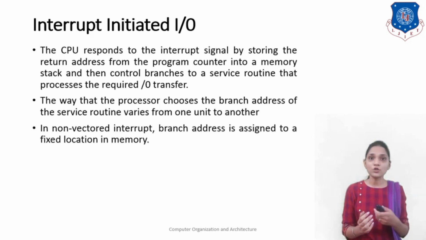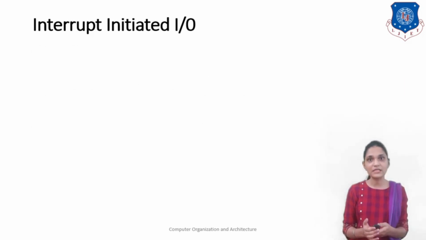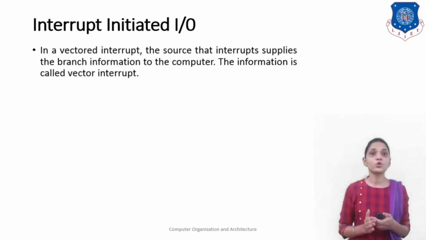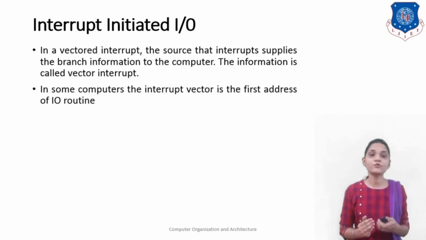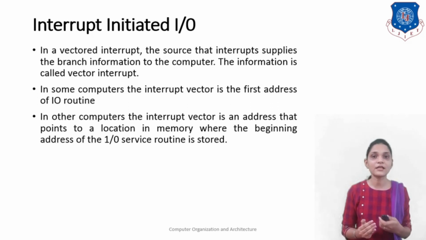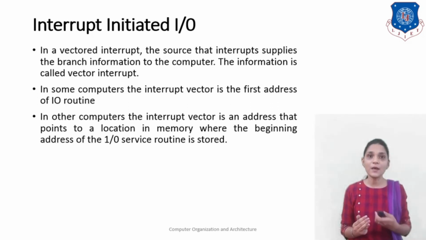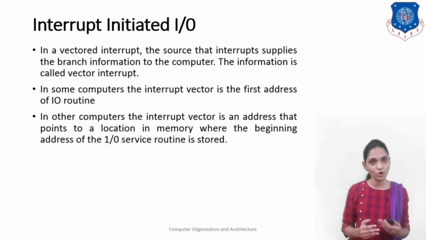In non-vectored interrupt, the branch address is assigned to a fixed location in memory, while in a vectored interrupt, the source that interrupts supplies the branch information to the computer, and this information is called the interrupt vector. In some computers, the interrupt vector is the first address of the IO routine. In other computers, the interrupt vector is the address that points to the location in memory where the beginning address of the IO service routine is stored. So it can be vectored or non-vectored.